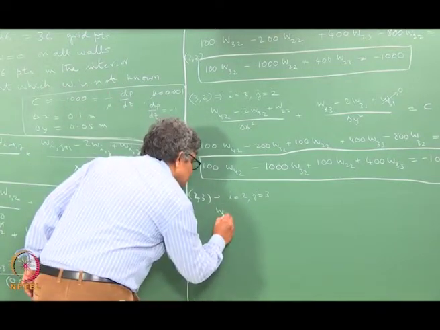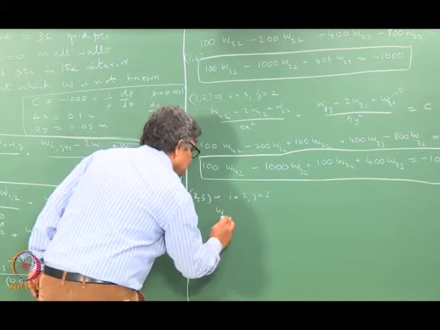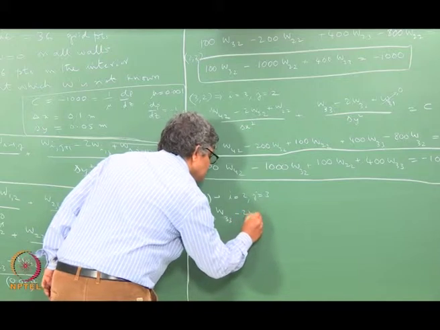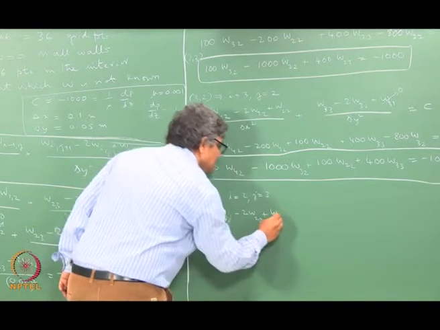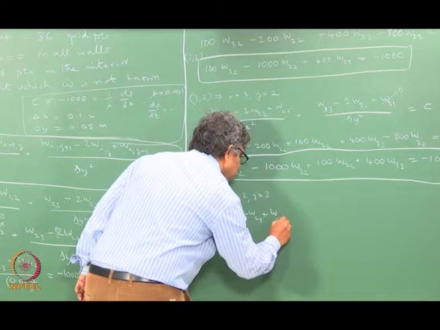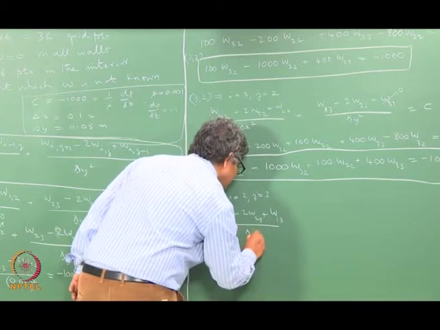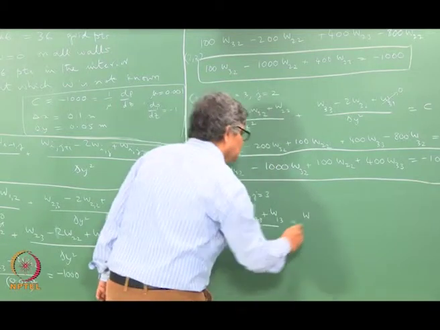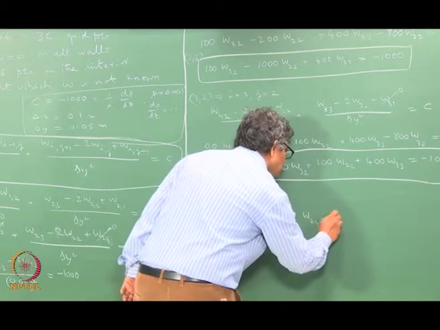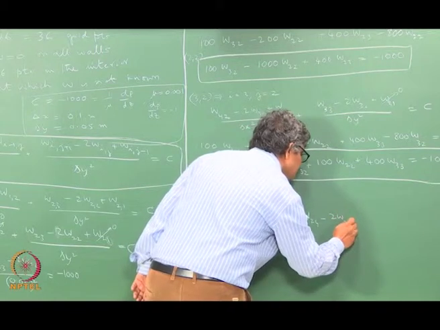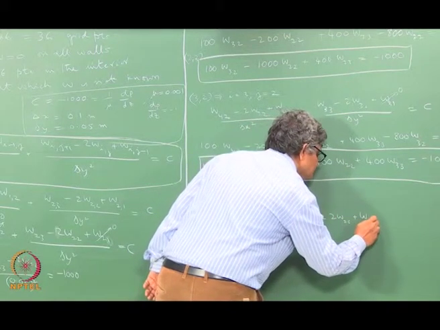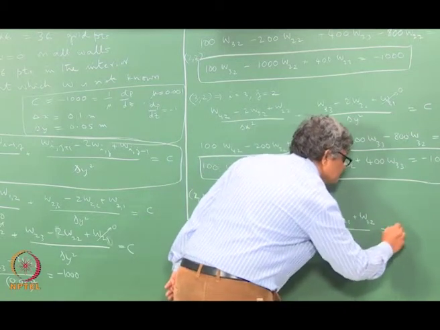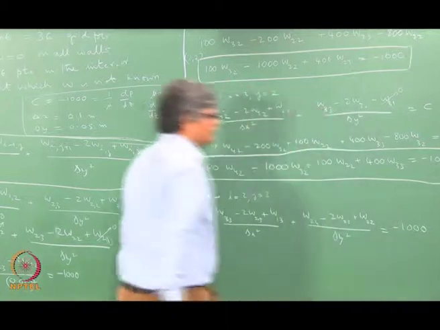So, (W33 minus 2W23 plus W13) divided by delta x square plus (W24 minus 2W23 plus W22) divided by delta y square equal to minus 1000.